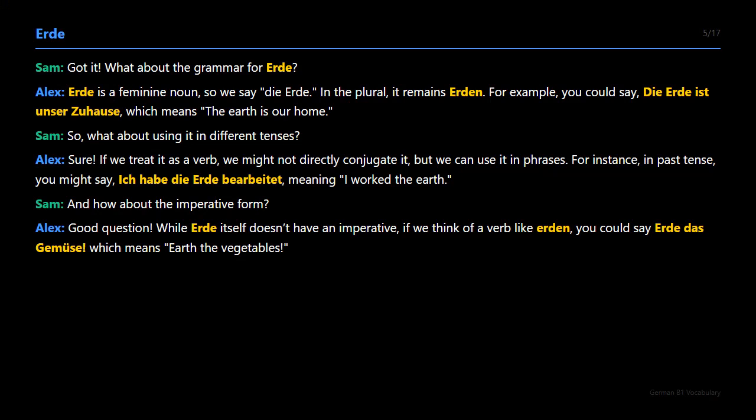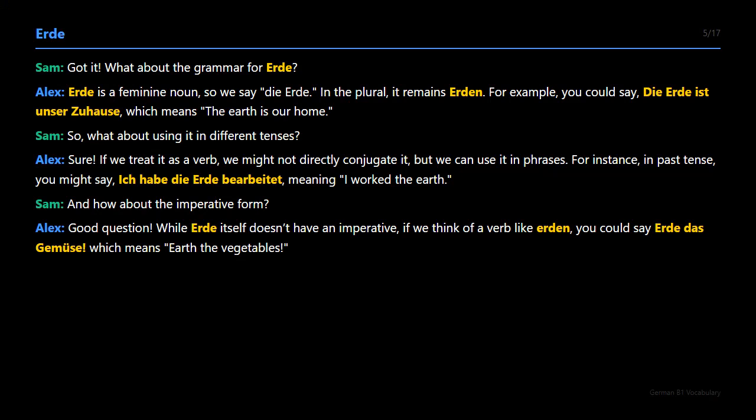So, what about using it in different tenses? Sure. If we treat it as a verb, we might not directly conjugate it, but we can use it in phrases. For instance, in past tense, you might say, Ich habe die Erde bearbeitet, meaning I worked the earth.